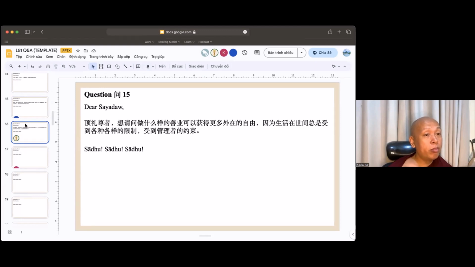Because in daily life in this world, there are many restrictions imposed by the person who manages him, the boss, so to speak. What type of kusala can he do so that he can get more freedom externally? Okay, externally. This is a very, very difficult question.